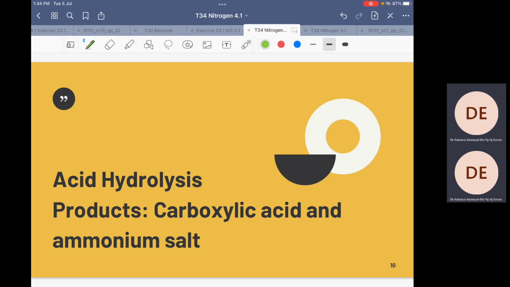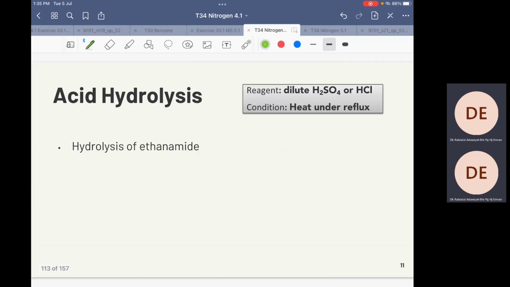The products will be carboxylic acid and ammonium salt. So just bear with me on that one first, ammonium salt, okay? The reagent, you can just use any dilute sulfuric acid or dilute hydrochloric acid. You don't need water because it's already an aqueous solution. The water is already in there, okay?